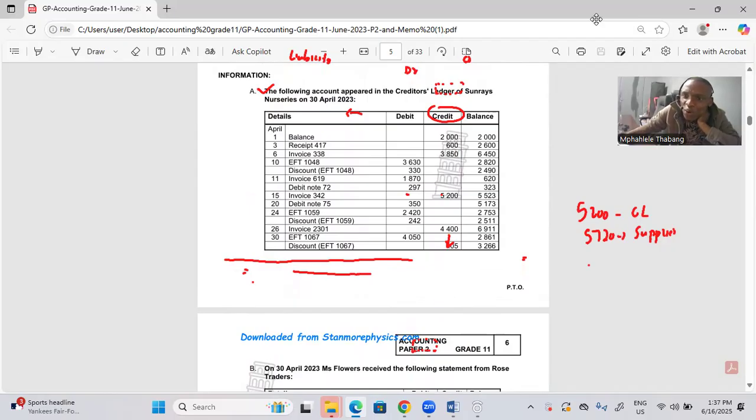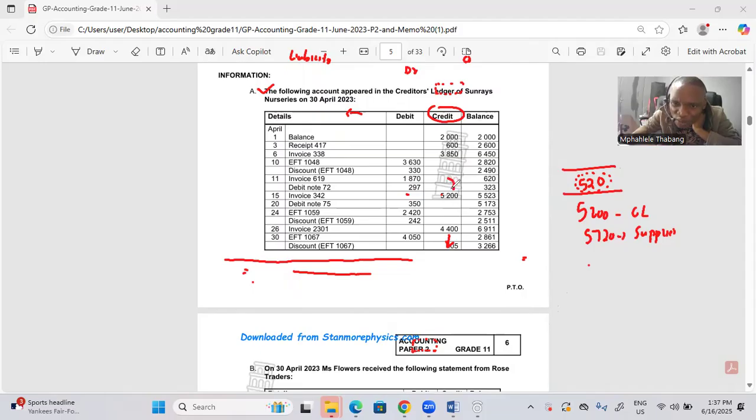So I have to check how much is missing. You take 5,720, you subtract 5,200. I think you are going to get 520. So there is a missing amount of 520 in the creditors ledger.